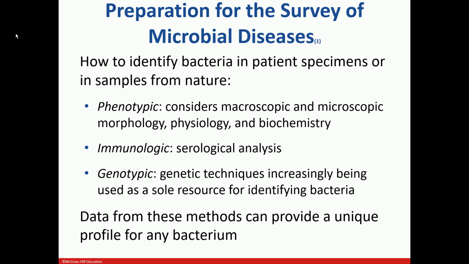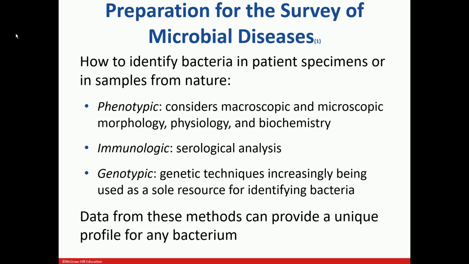Now the immunologic way is by detecting antibodies in the patient sample. If the patient is exposed to or infected with some specific kind of bacteria, then that patient should have antibodies in their serum, because the formation of antibodies is a part of our immune system.